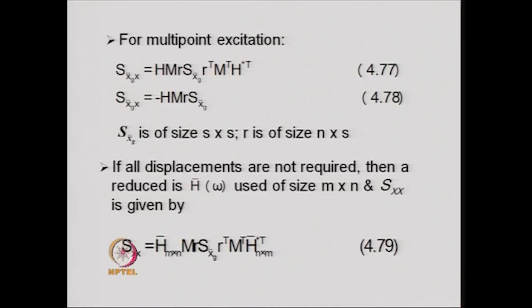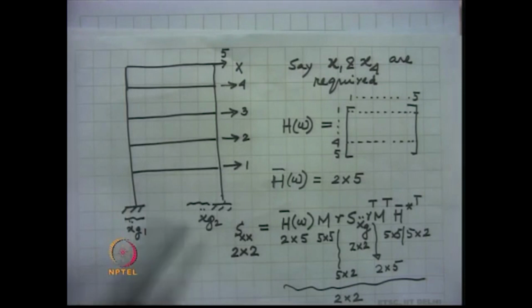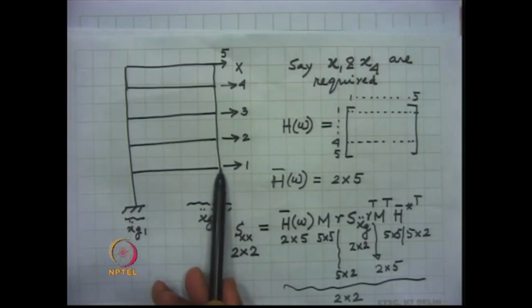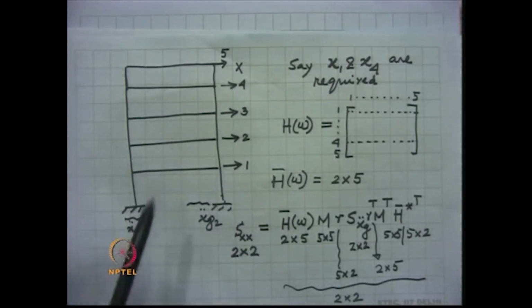Many a time we are not interested in all the response quantities; only a limited number of response quantities may be involved. For example, in this problem we consider a frame subjected to two ground excitations, different because of the time lag, and there are 5 degrees of freedom in the system, that is, non-support degrees of freedom.